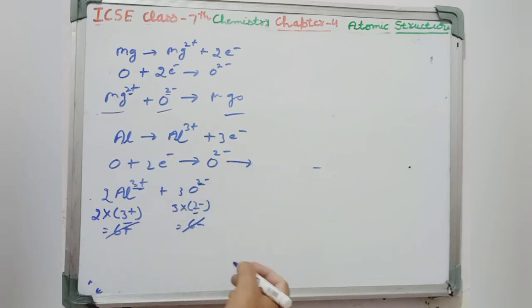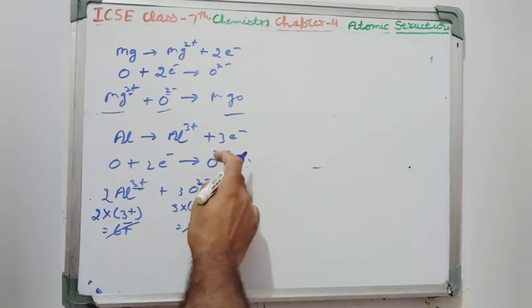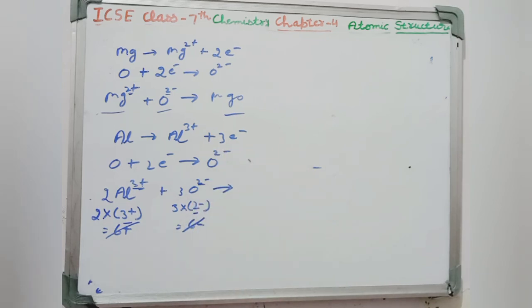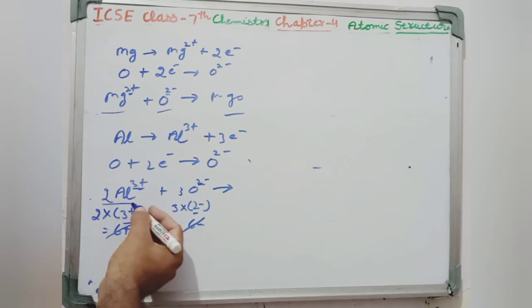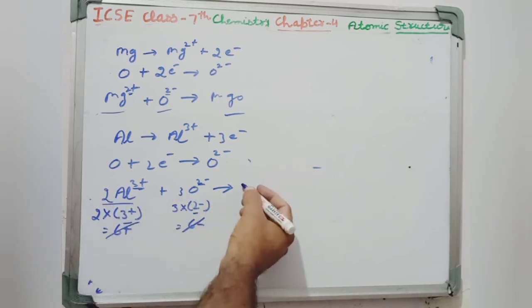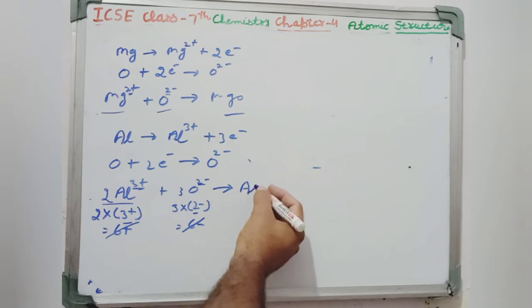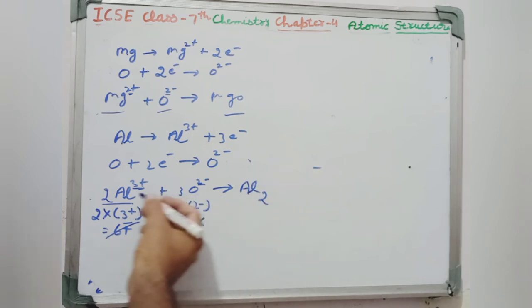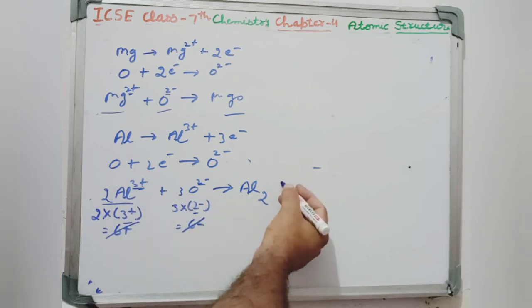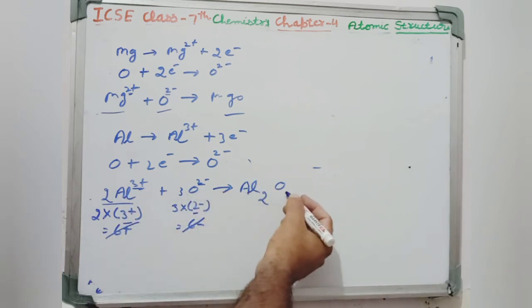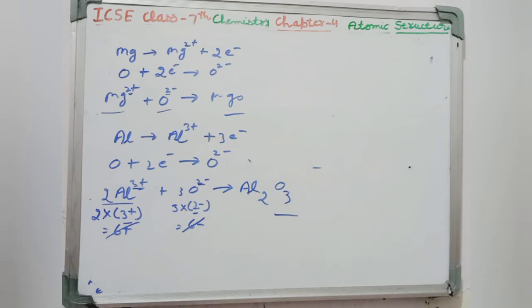So we have cancelled their valency. This will become its molecule Al2, and this will become O3. Al2O3. Right? This was adjusting of valency.